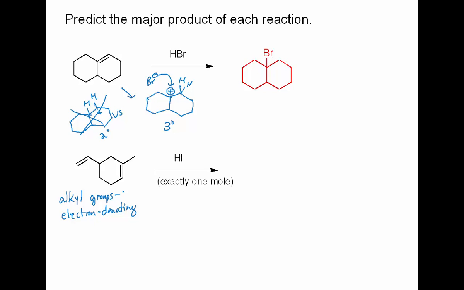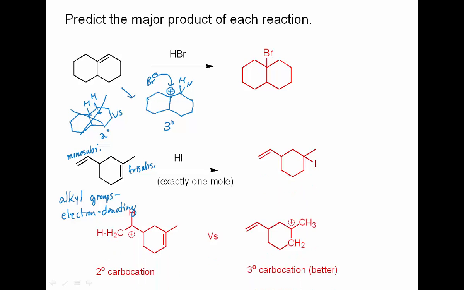So this means that the more alkyl groups that you have on your alkene, the more reactive it's going to be, the more basic those lone pairs are. So we have a tri-substituted and a mono-substituted alkene. We're going to see another way of looking at this in a second too. We're going to react preferentially at the more substituted alkene group because that's the one that's more electron rich.